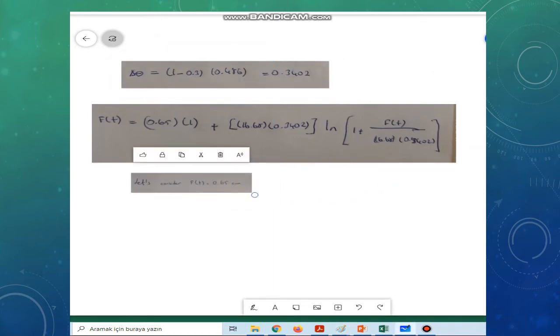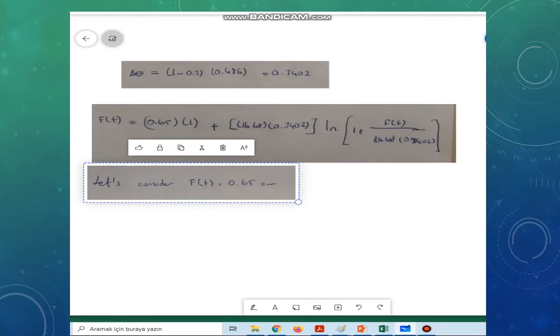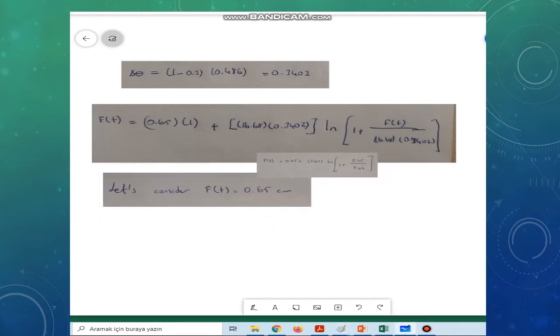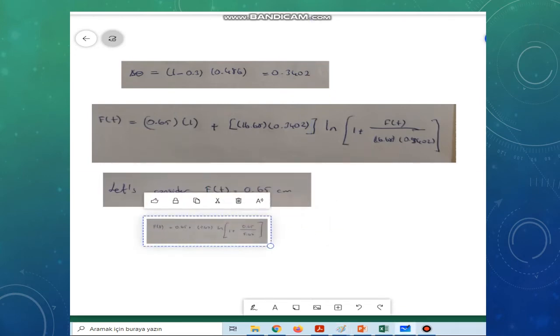Let's give 0.65 for cumulative infiltration on the right hand side, and then plug it into our Green-Ampt equation.